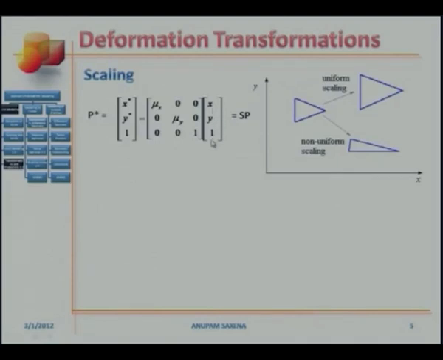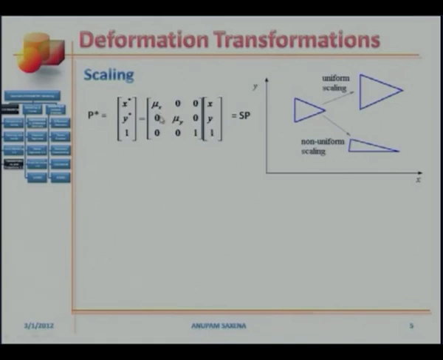Let's say we have a position vector P with coordinates x, y and 1, and of course these are the homogeneous coordinates. We can scale the x component individually and the y component separately.